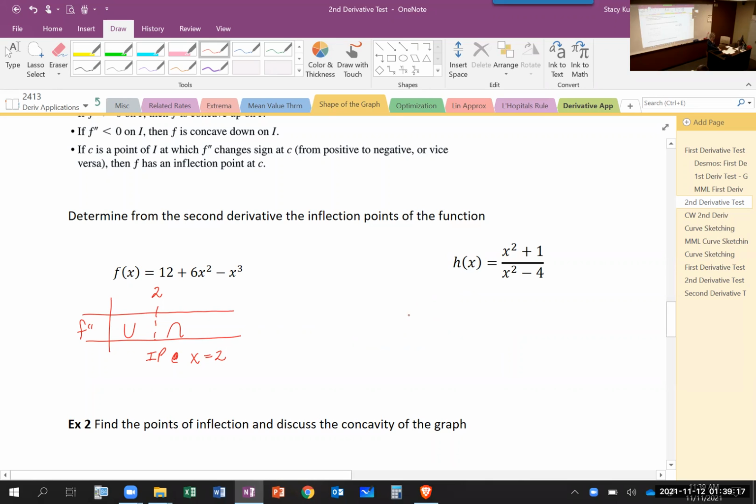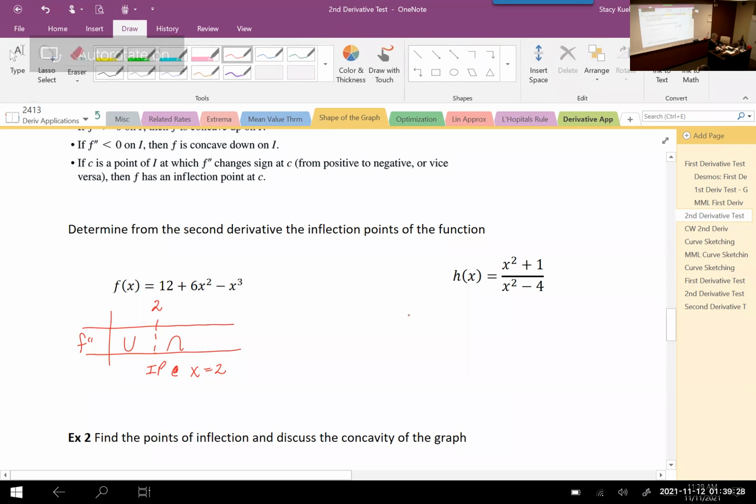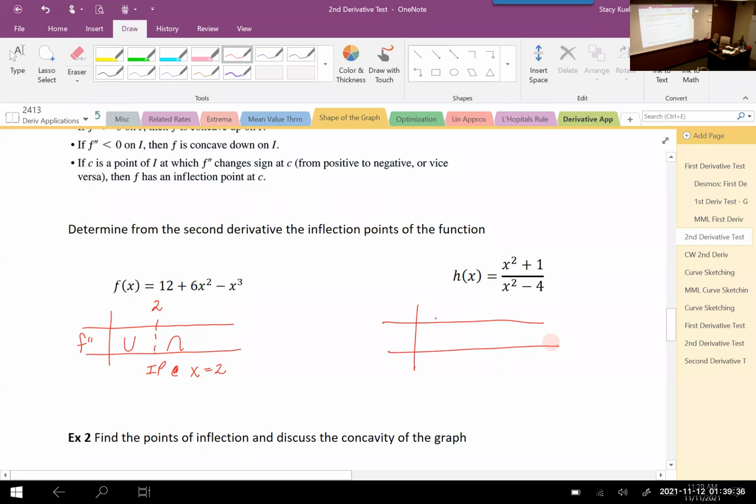So let's move on and talk really quickly about our other function up there. Remember that on this rational function, we said that negative and positive 2 were critical values, right? We knew that we were concave up, down, and up. But what was unique about these negative and positive 2's?